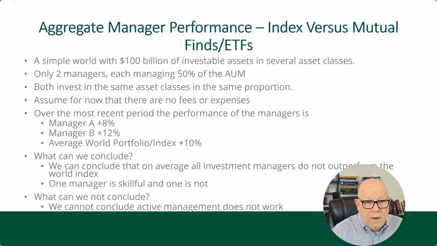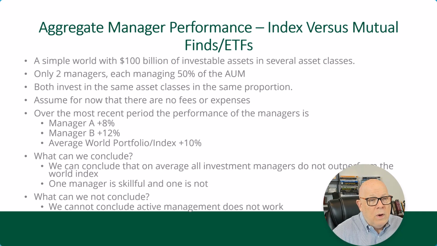There are two portfolios, and each of them manages half of that $100 billion, so $50 billion each. We call that assets under management. They both invest in the same asset classes, with the same allocation between the different securities. Let's assume they don't have any expenses for trading, and that they don't charge you any fees for managing the money, just to keep it simple.